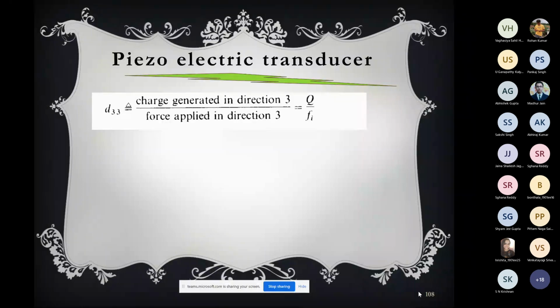Now, if I ask what is the d constant d11, that means it is the charge generated in direction 1 divided by the force applied in direction 1. So then it will be q by F1.